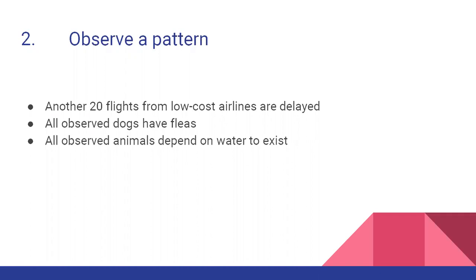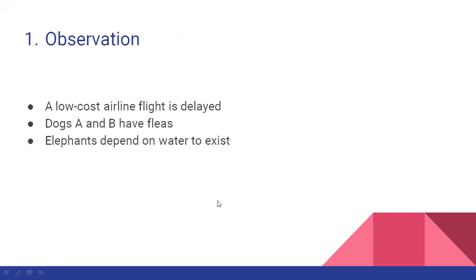This is the kind of pattern that you have found from the first observation. The second observation leads you to the pattern that all observed dogs have fleas. The third observation leads you to discover the pattern that all observed animals depend on water to exist. So in the second stage, observing a pattern, what you have got are patterns from the observations that you made at the first stage of this inductive research, right?